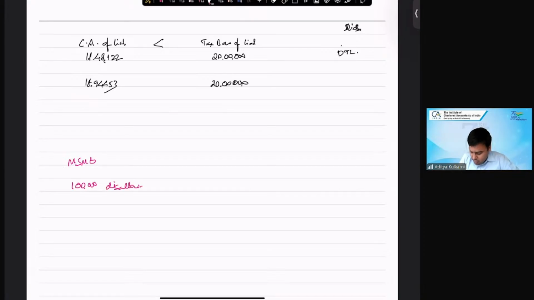Disallowance 1 lakh. That will be your allowance in future, subject to existence of taxable profits.